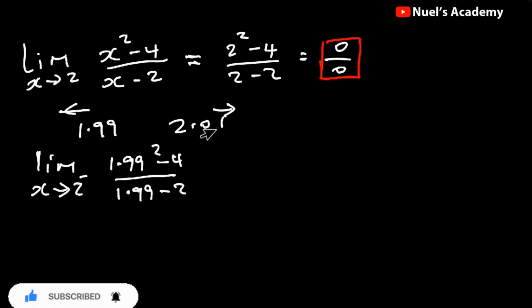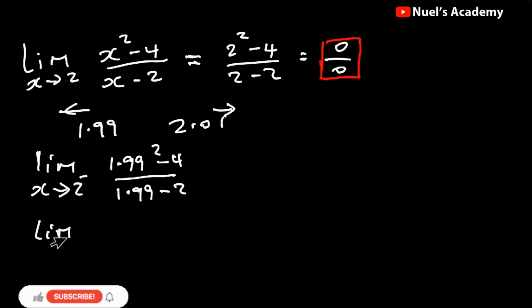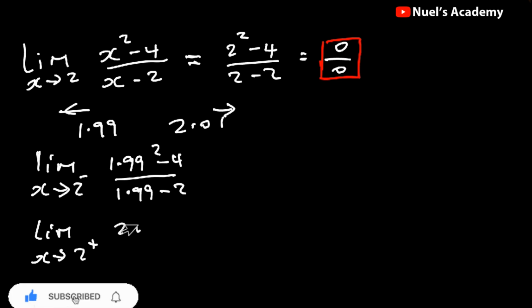So we have 1.99 squared minus 4 over 1.99 minus 2. Let's also find the value when x approaches 2 from the right hand side. Let's plug in 2.01 into this. We have 2.01 squared minus 4 over 2.01 minus 2.